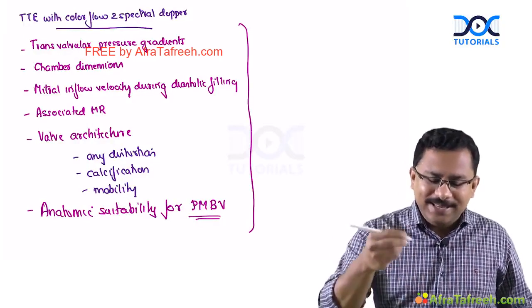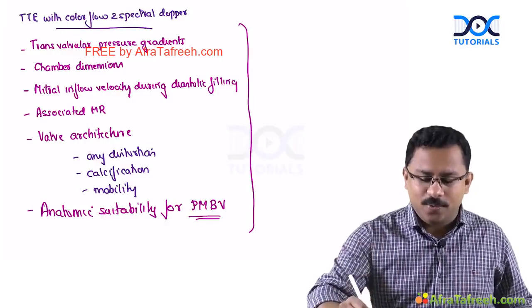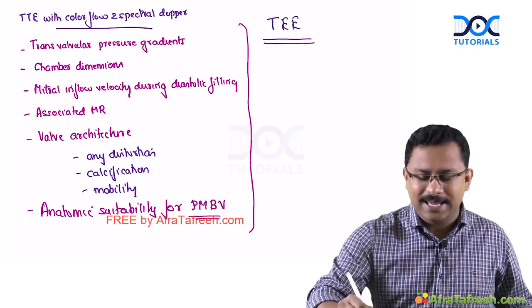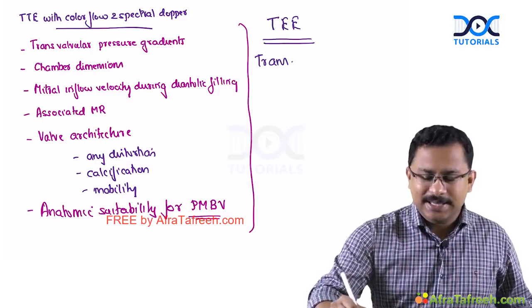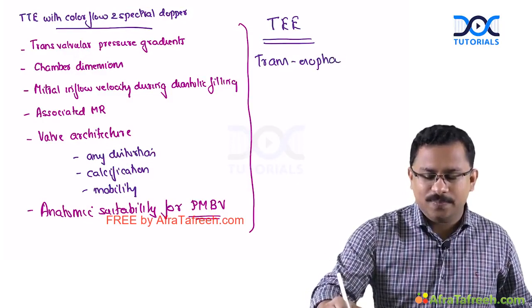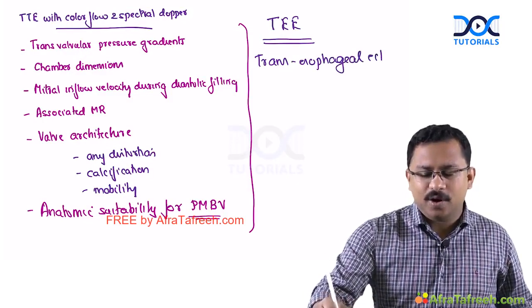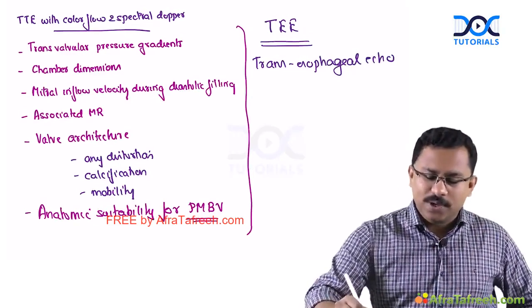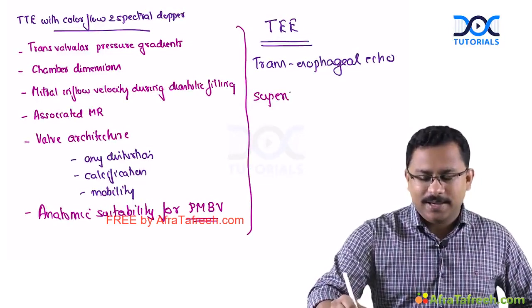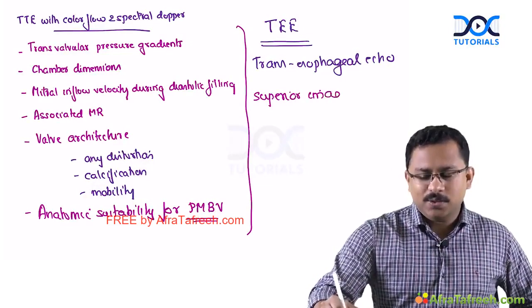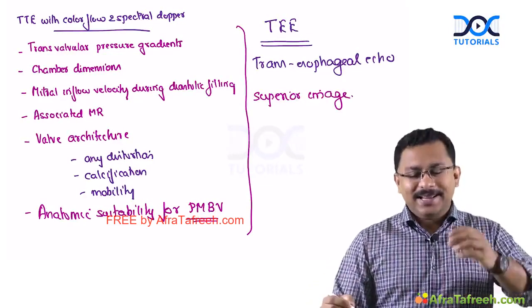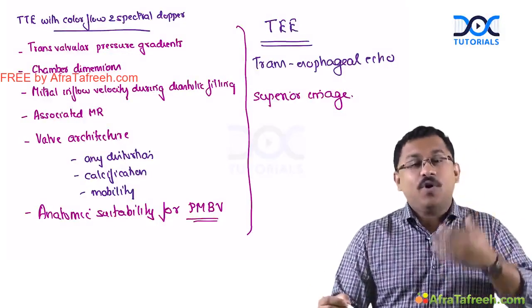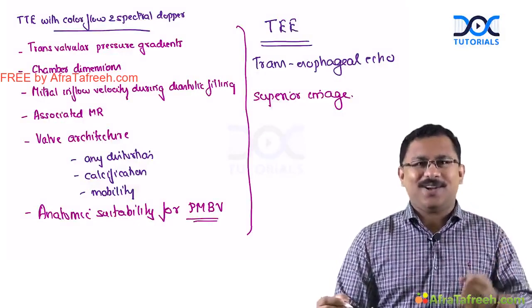But when you compare the TTE, transthoracic echo, with a TEE, transesophageal echo, one point you have got to note is that the transesophageal echo will be providing you a superior image. There is one scenario especially where the TEE will be more useful than a transthoracic echo.